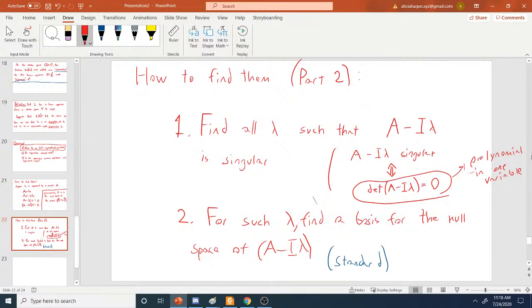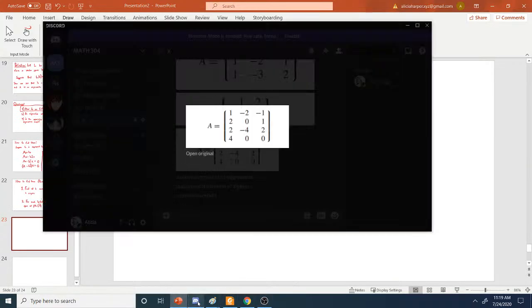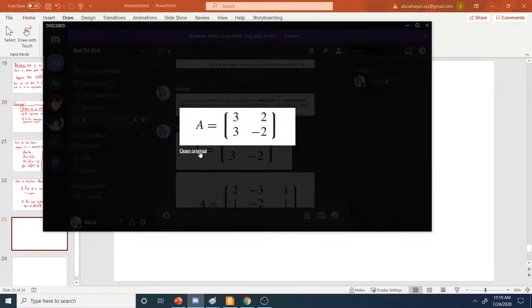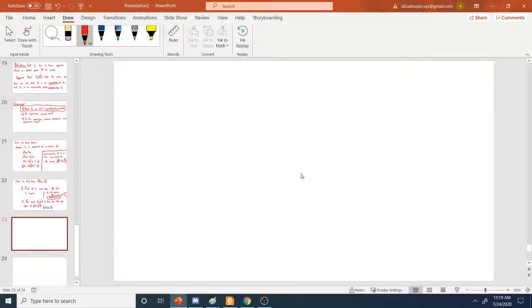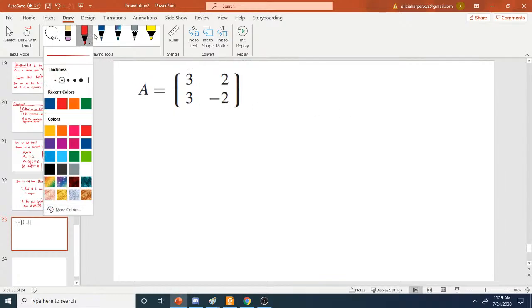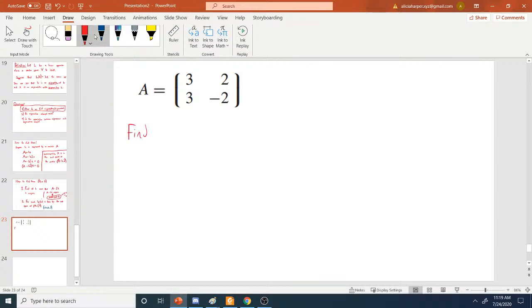Let's do an example to indicate how this works. So I have this matrix A right here, and what I want to do is I want to find eigenvalues and eigenvectors for A. So what I do is I consider the following matrix: A minus the identity matrix times lambda.